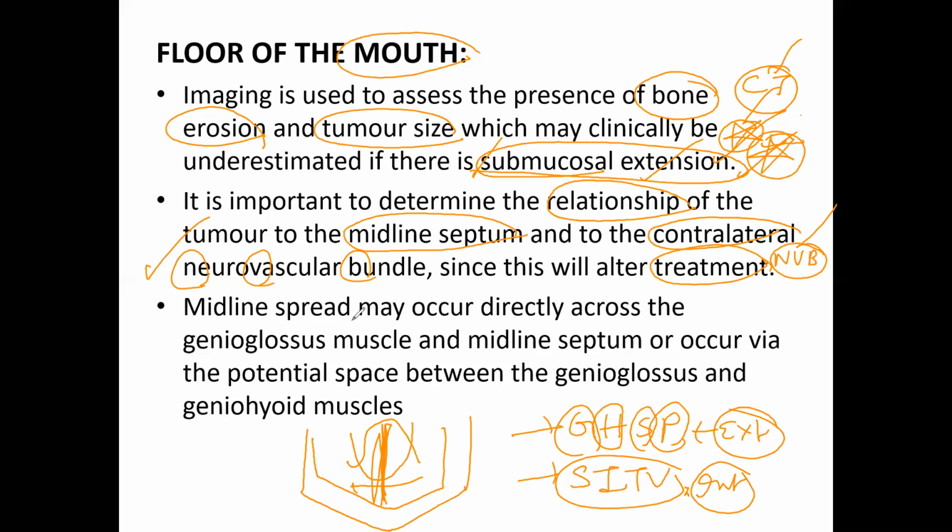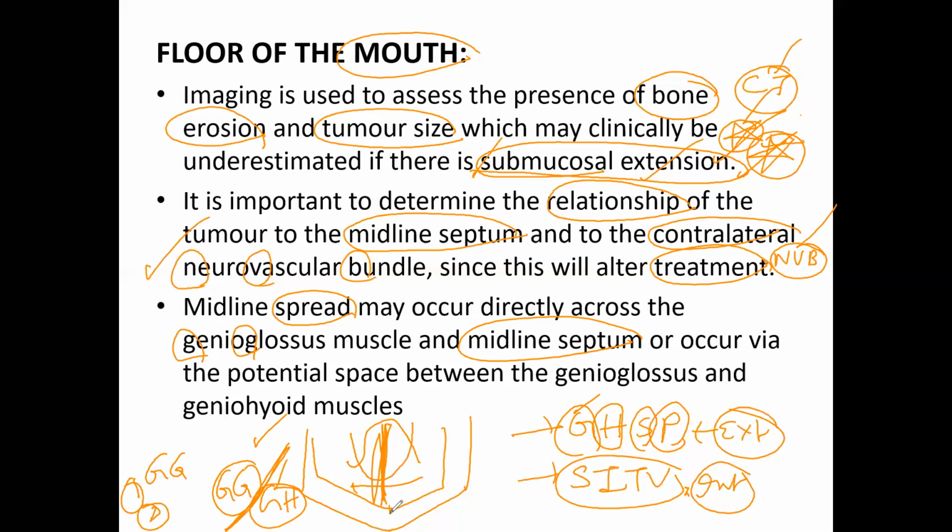So midline spread can occur across the genioglossus muscle and midline septum, or via the potential space between the genioglossus and geniohyoid muscle.